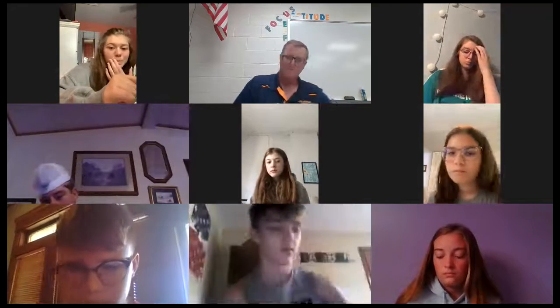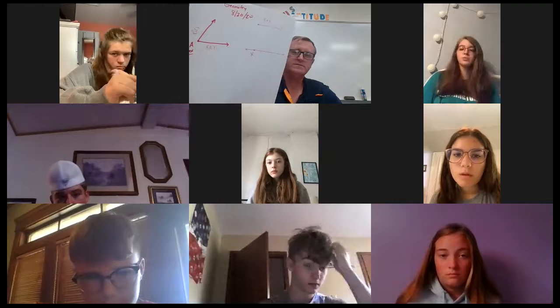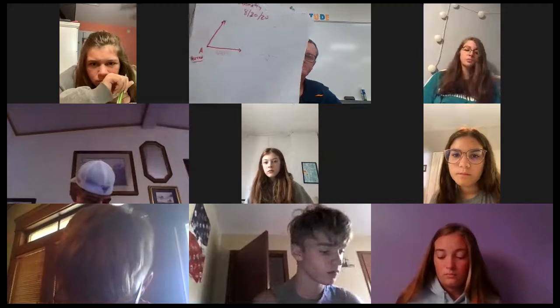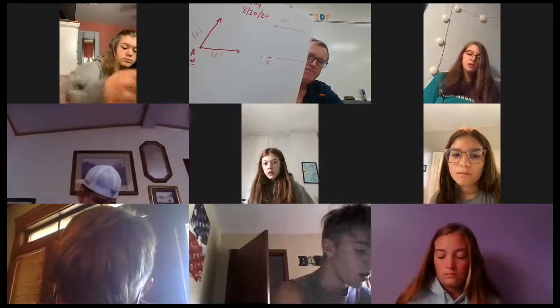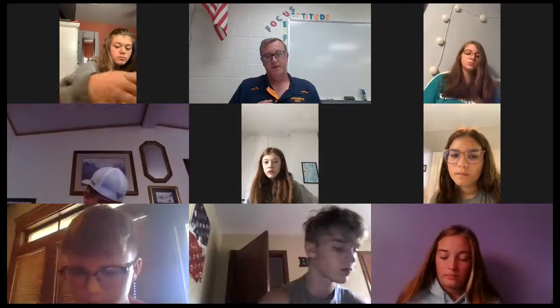I'm going to call that point X. So I've got a random point X on the line. Good? Okay. Now, we're going to start using the tools to copy the angle.